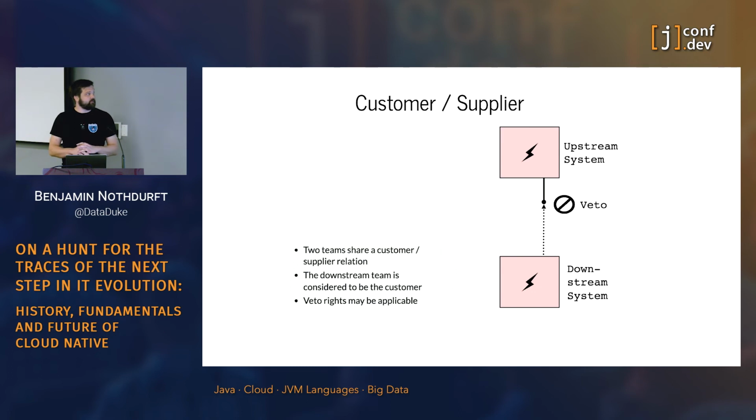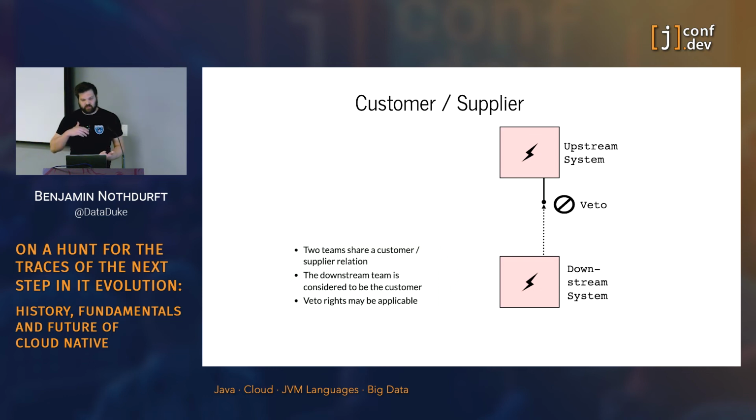Another pattern that you could use to communicate between the services is customer and supplier. And here's the interesting part, that the downstream system now can, as a customer, define what it wants to get back from another service.